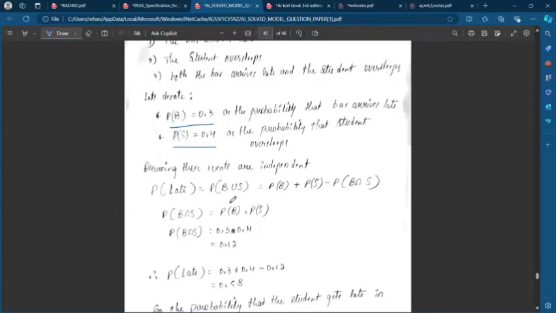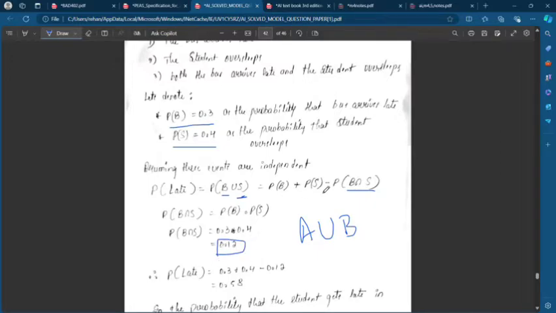Probability of late is equal to probability of, it's not bus actually, it is B union S. Where intersection and union, remember that. So you know the formula for any A union B: P of A union B is equal to P of A plus P of B minus P of A intersection B. So this intersection is equal to P of B into P of S, so 0.3 times 0.4, that is 0.12.